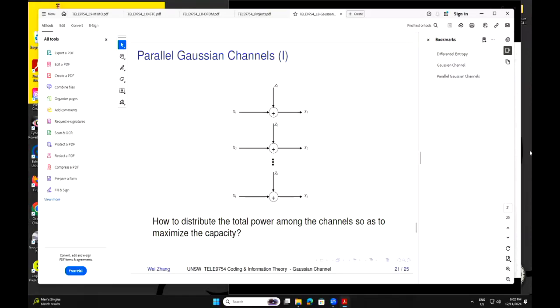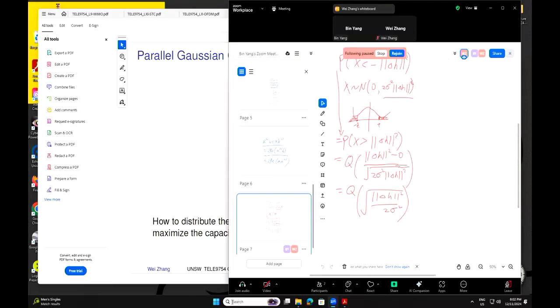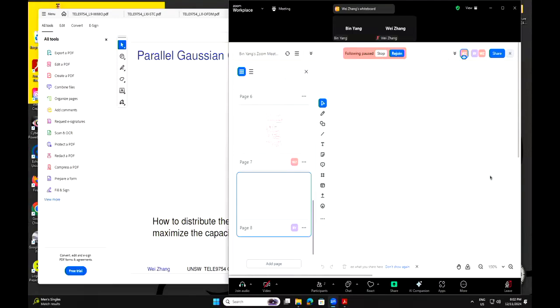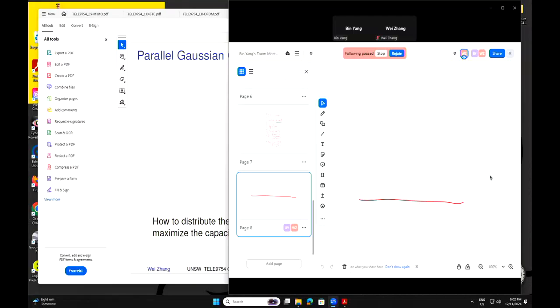So I can just roughly show you this one. Let me see. Yes, good. If you look at this frequency selective channel, you know frequency selective channel, right?